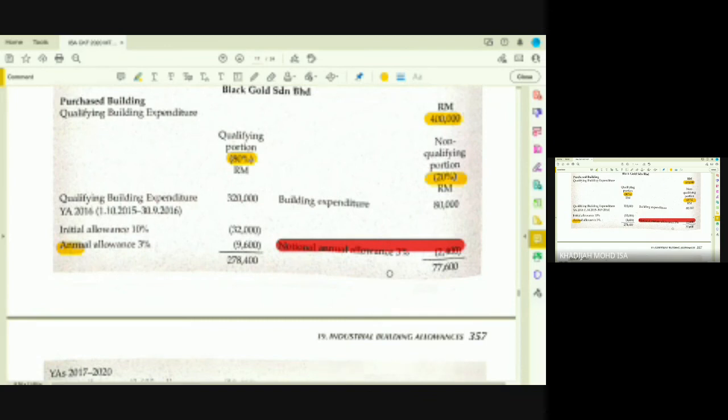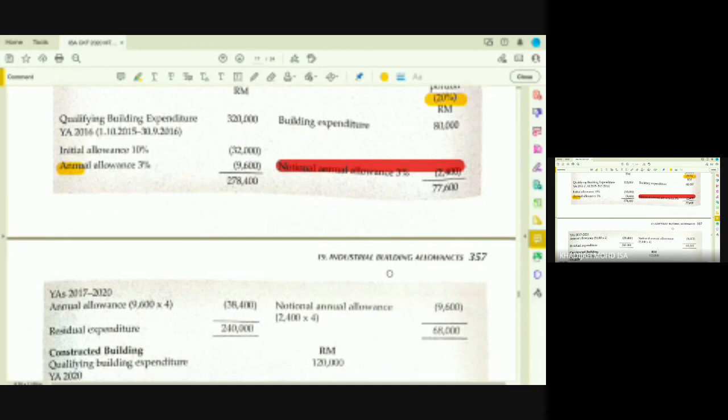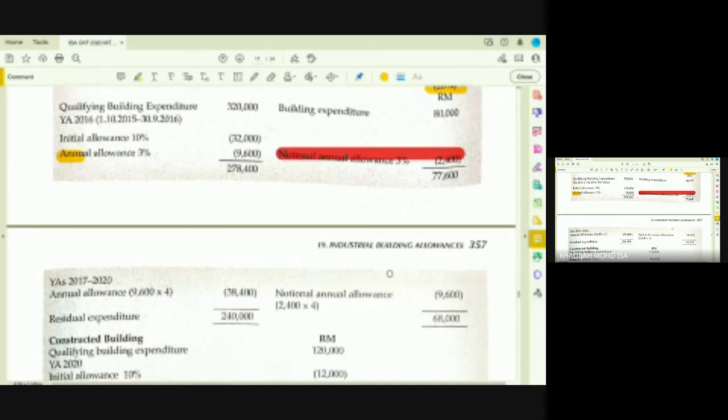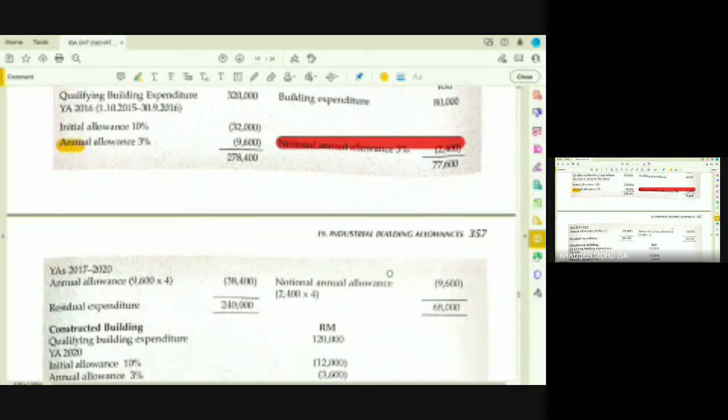Why is it important for you to claim notional allowance, even though you do not claim this 2,400? Because when you do the computation for the residual expenditure, you have to take the notional allowance into account. Notional allowance is normally taken for granted. It has to be claimed every year, just like annual allowance. It's just that you don't claim it in your computation.